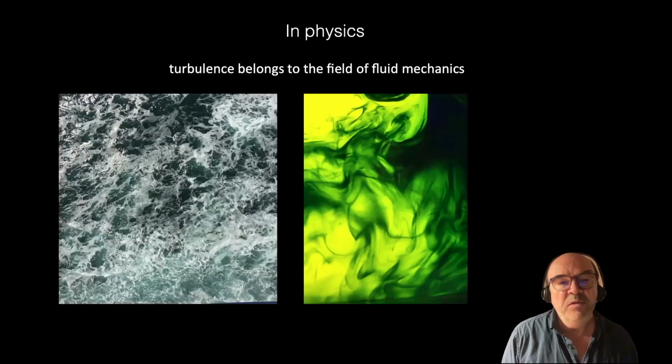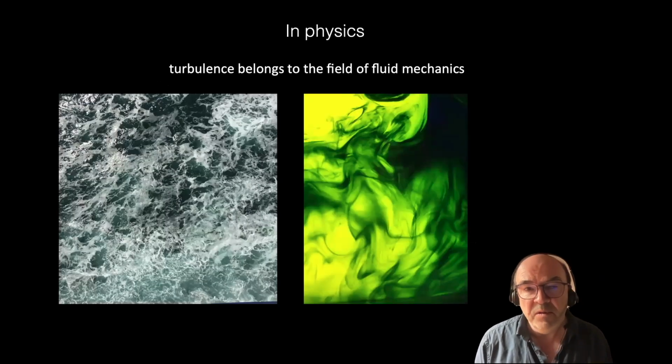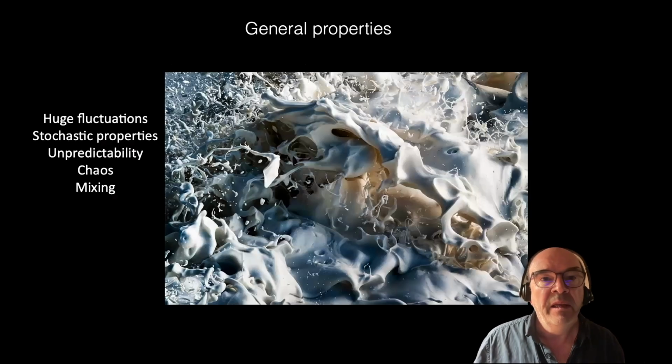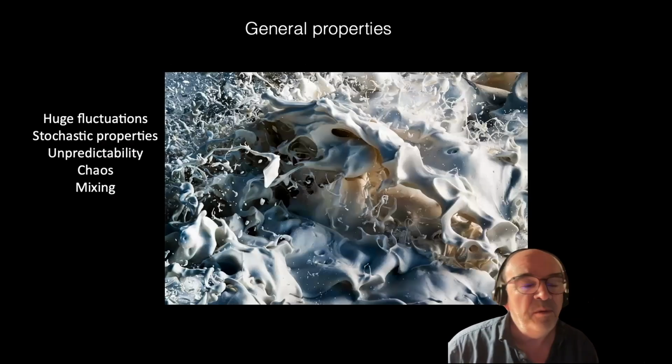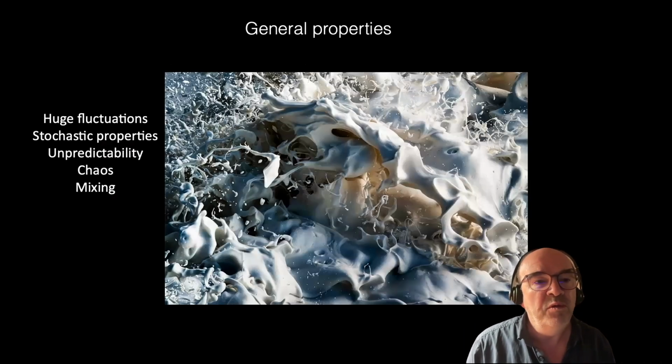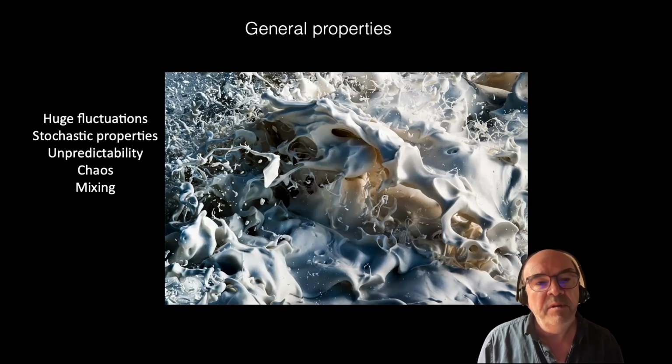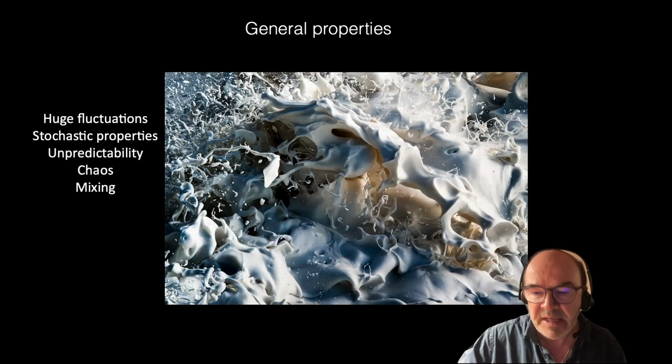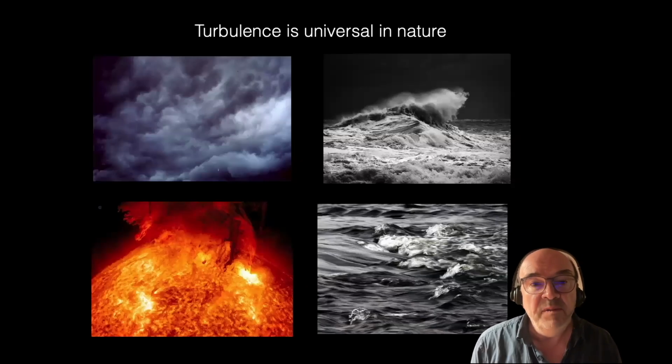So in physics, turbulence belongs to the field of fluid mechanics. The general properties of turbulence are to have huge fluctuations. It's unpredictable. There is chaos. There is mixing. It's universal in nature.